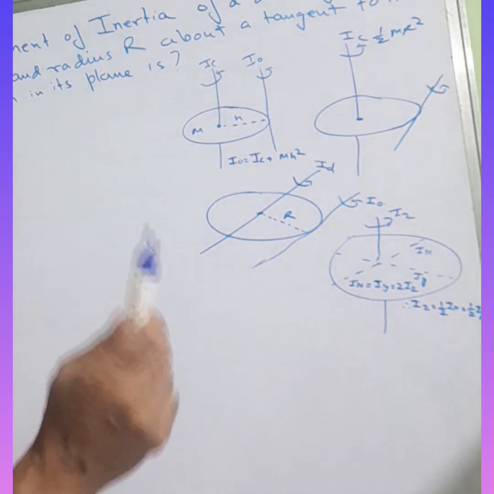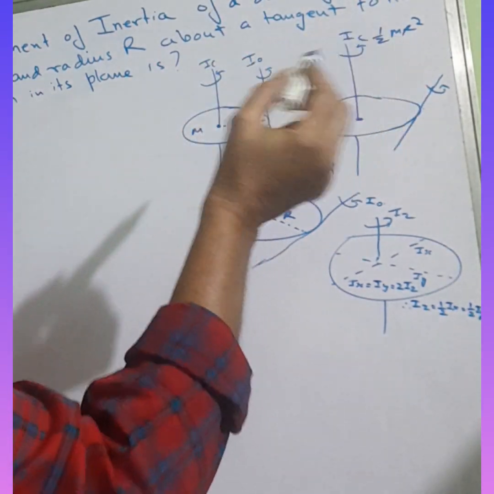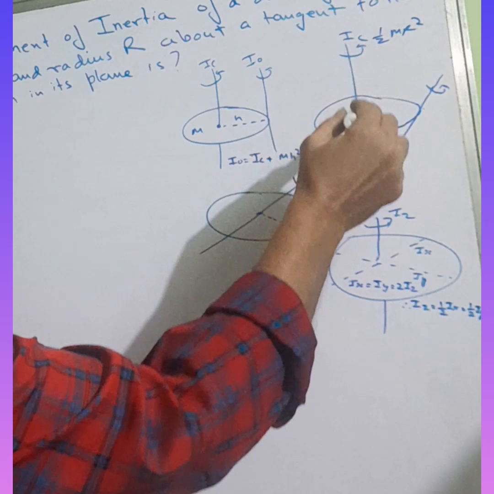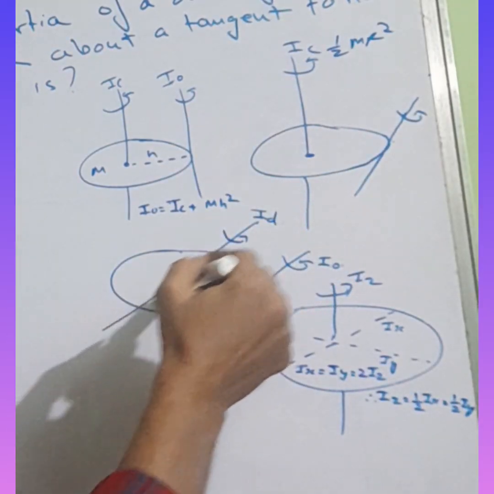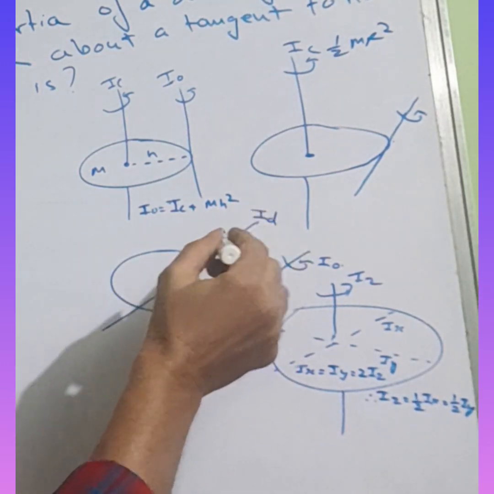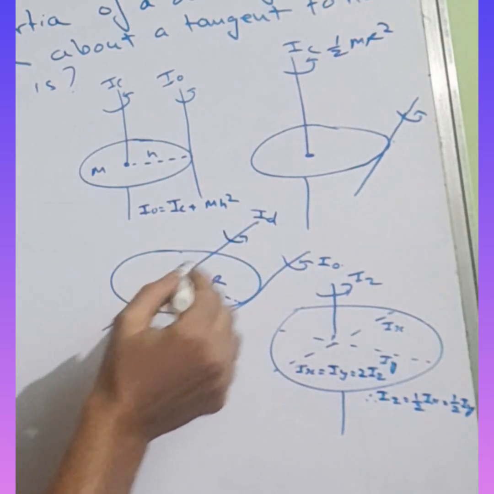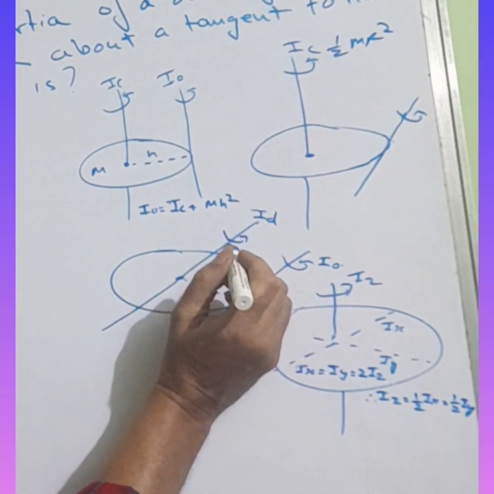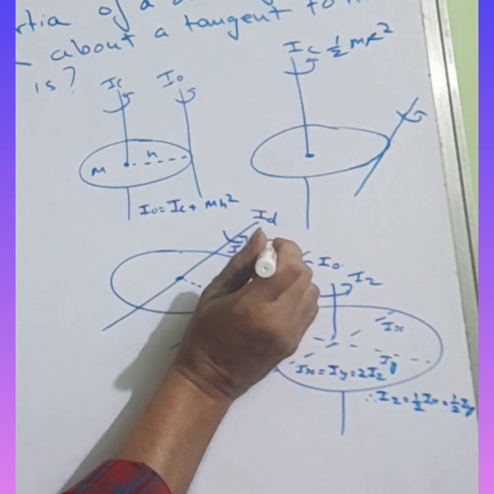So this was the situation. This is half mr square. So what would be this? D is the diameter, moment of inertia around the diameter. So ID would be, obviously when we talk about this we can take it either as IX or IY, both are same.